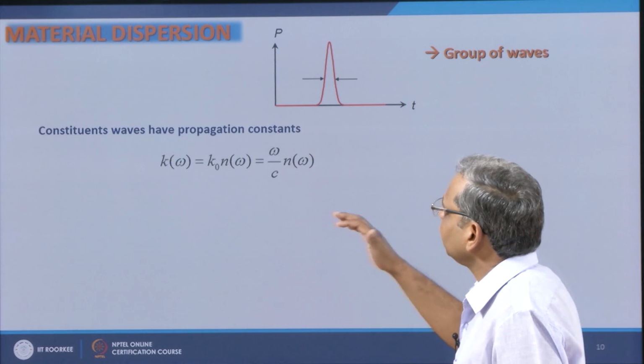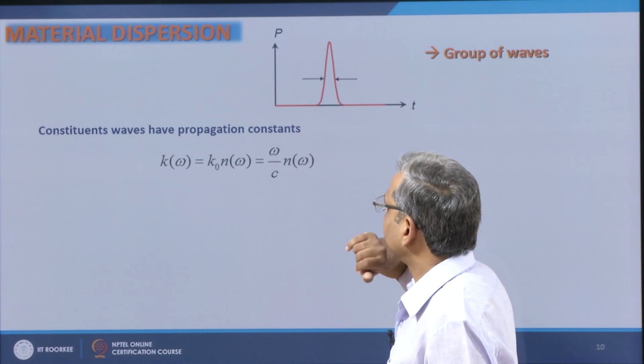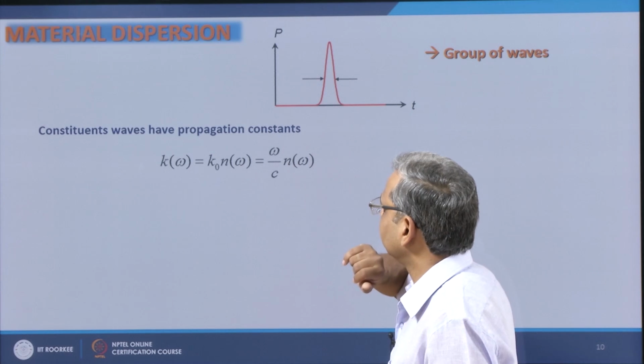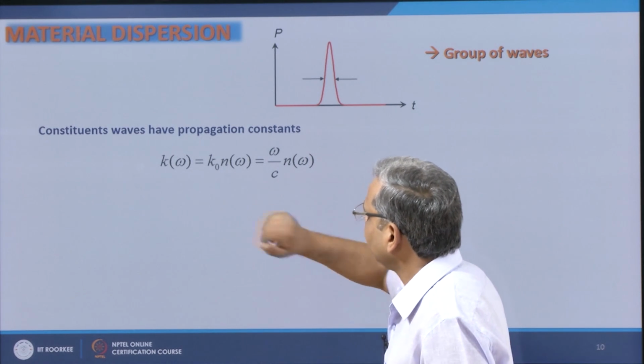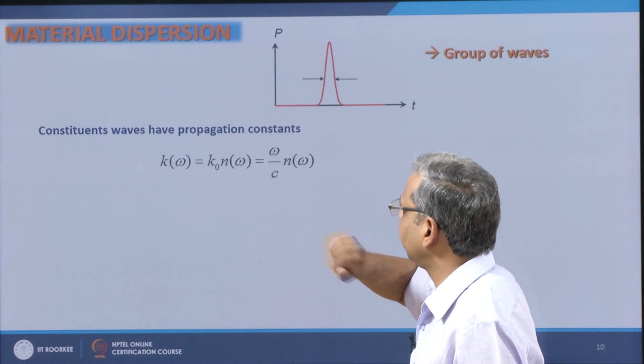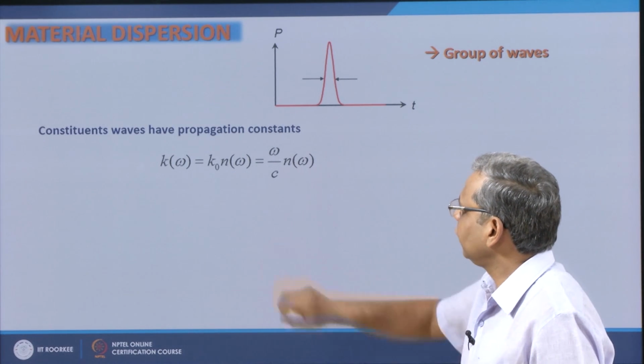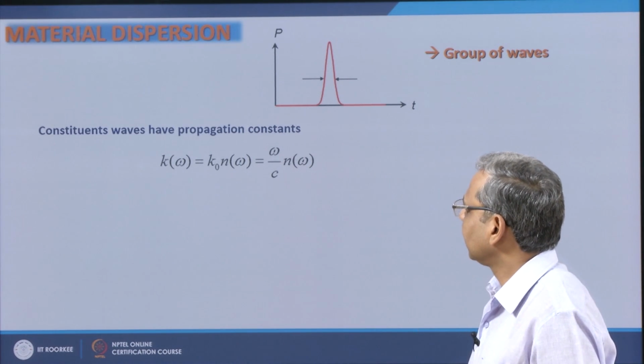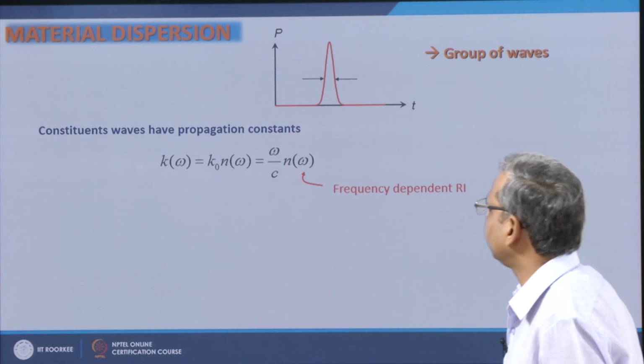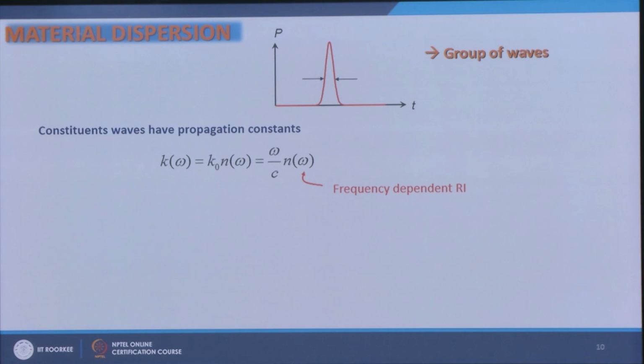I know the constituent waves of this wave packet or the pulse will have propagation constant given by k naught times n omega, where k naught is omega by c and n of omega is the frequency dependent refractive index of the medium.